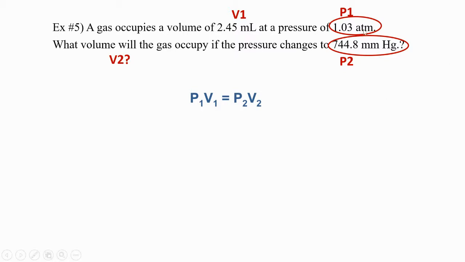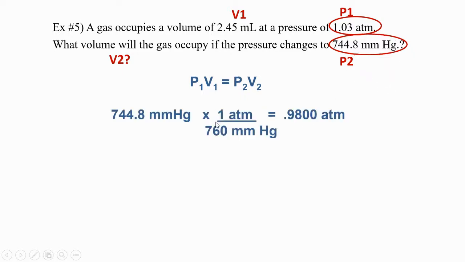However, I cannot plug two different pressure units into that equation. So I must either convert this atmospheres to millimeters so they will match, or this millimeters to atmospheres so they will match. I chose to convert my millimeters to atmospheres.